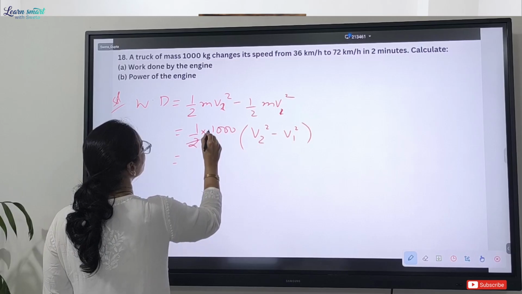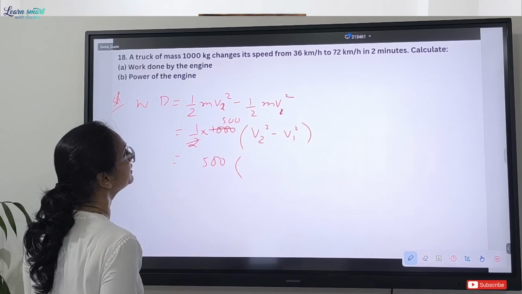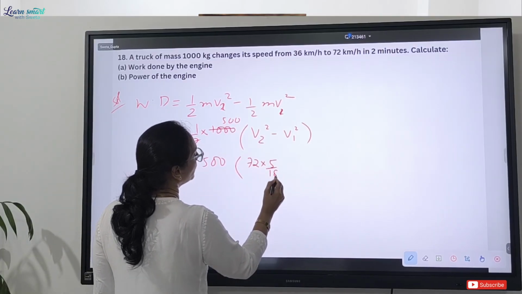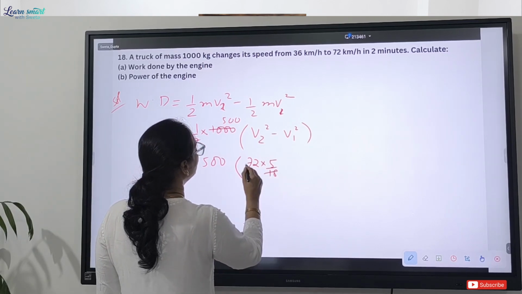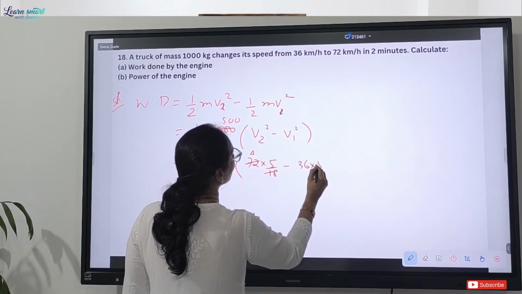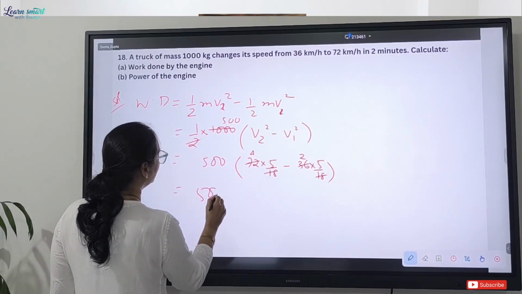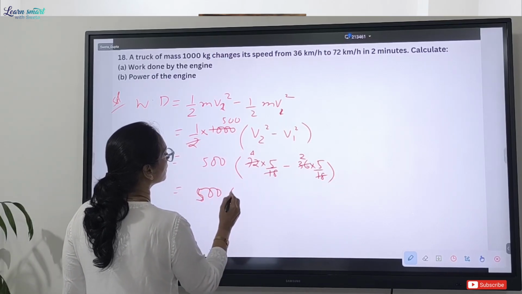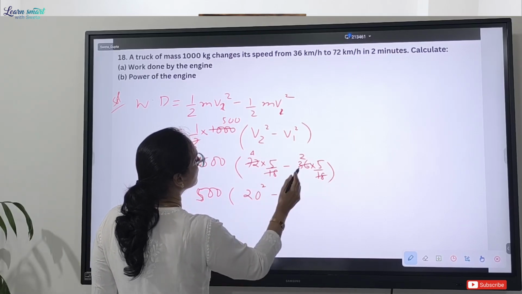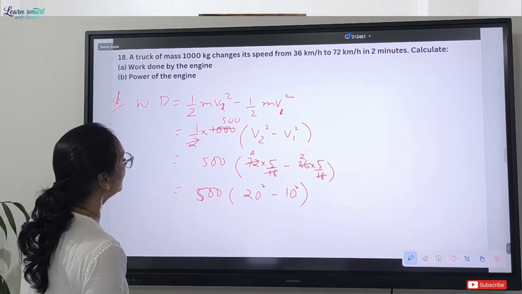So let's solve this. Half into 1000 is 500. 500 into v2, speed is 72 km per hour. So 72 into 5 by 18, we are converting it to meter per second. 18 4 times. And minus v1 is 36 into 5 upon 18. 18 2 times. So we are getting 500 into 20 square minus 10 square, because it was v2 square minus v1 square, and 5 4s are 20.